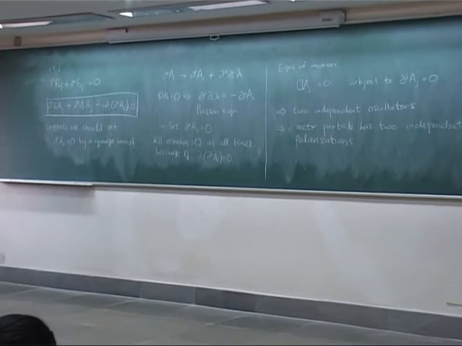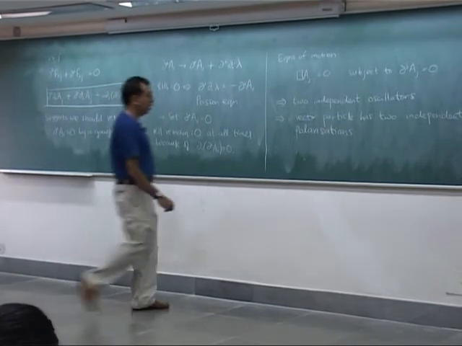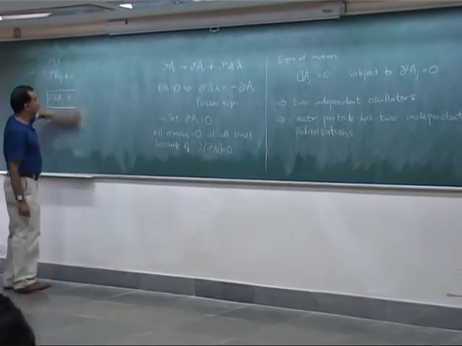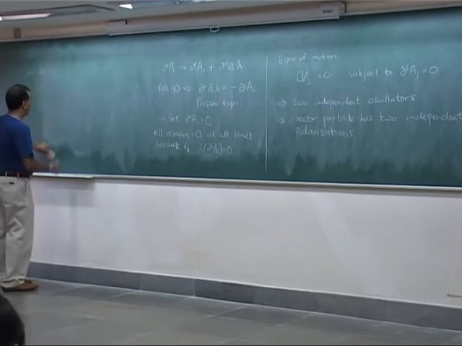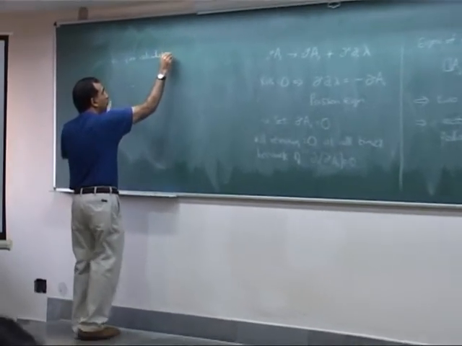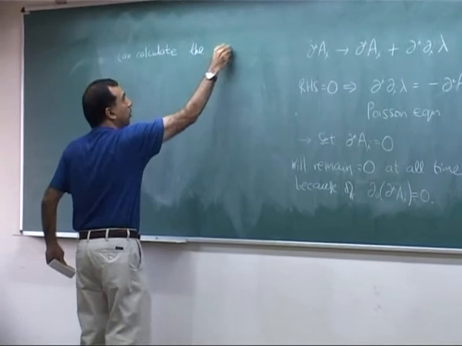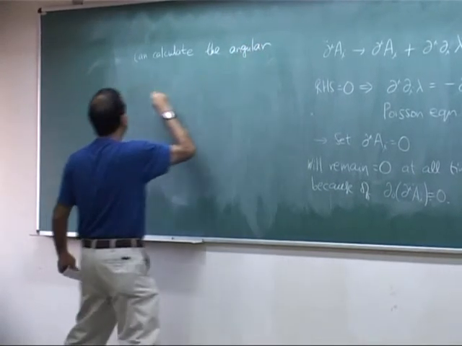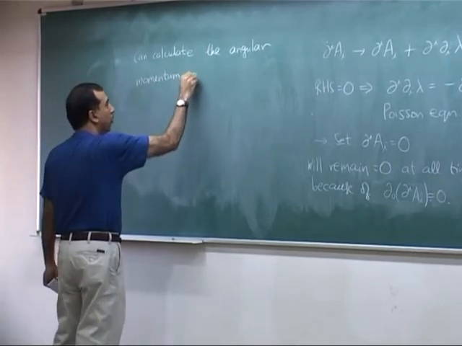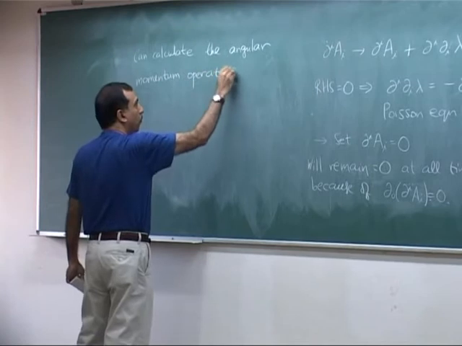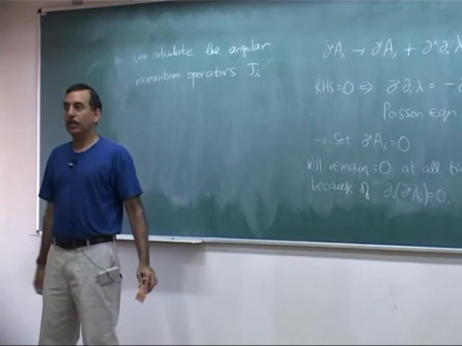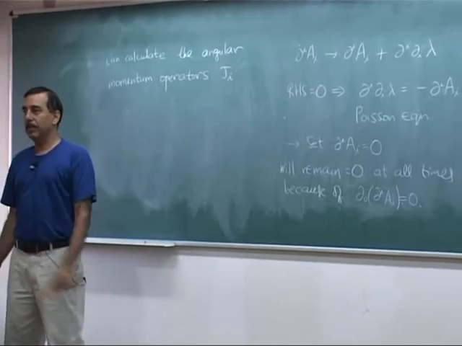Well, let me also say one little thing. We can calculate, this I'm not going to do here, I don't know if the tutors are in a mood to do it, maybe they've done it already, the angular momentum operators J1, J2, J3 for the system just using Noether's theorem and rotational invariance of the system.